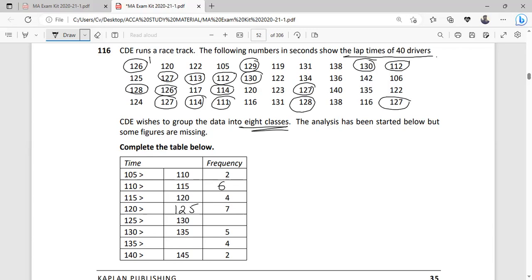We can count in between 126 till 130: 1, 2, 3, 4, 5, 6, 7, 8, 9, 10, and this one is 11. Then next set is complete. 135, there is an interval of 5, so this set is complete.